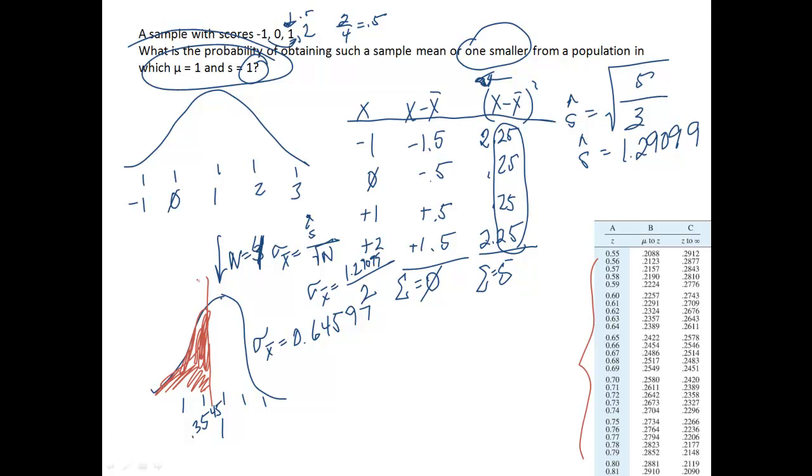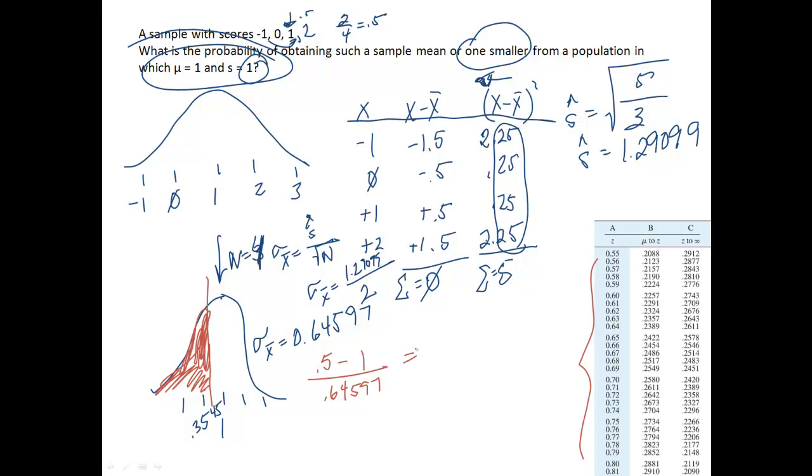So point something negative. And let's see, to find that, I'm going to take my score of interest, which is 0.5, because that's the thing we're comparing. The mean is 1, all over sigma sub x bar, 0.64597.